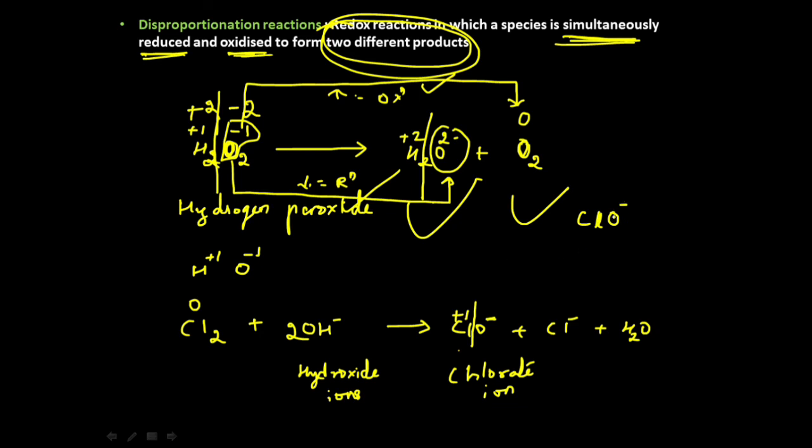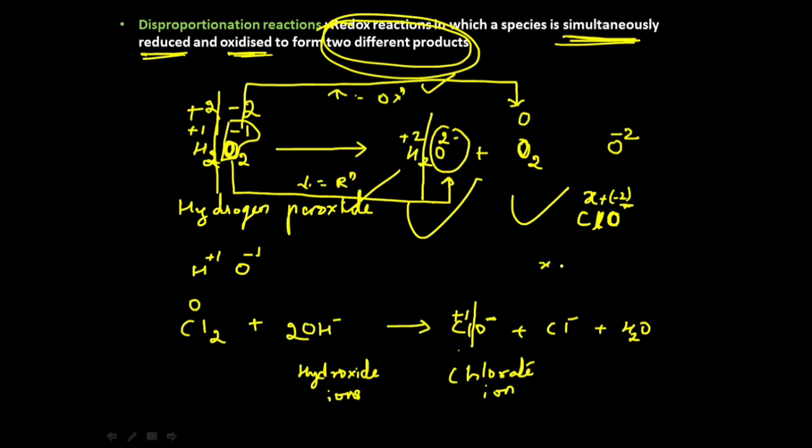Okay, in this case how can we calculate the oxidation state of this ion? As we know, oxygen will possess minus 2 oxidation state, and I need to calculate the oxidation state of chlorine. Let us take the oxidation state of chlorine as X, plus oxygen will possess minus 2.